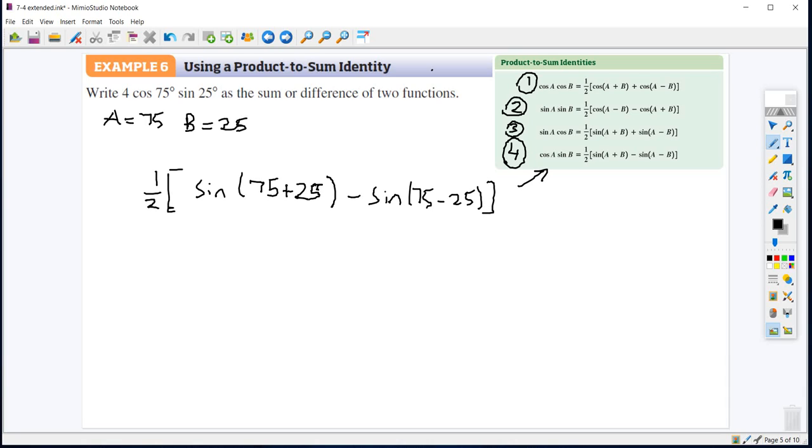Do not forget to have the 4 in the front. As I said, it is not part of the question, but we still have to carry it on. And if we go with the second step, 4 times 1 over 2 is just 2. It's gonna be sine 100, like this, minus sine 50. That's what we will have for the first question.